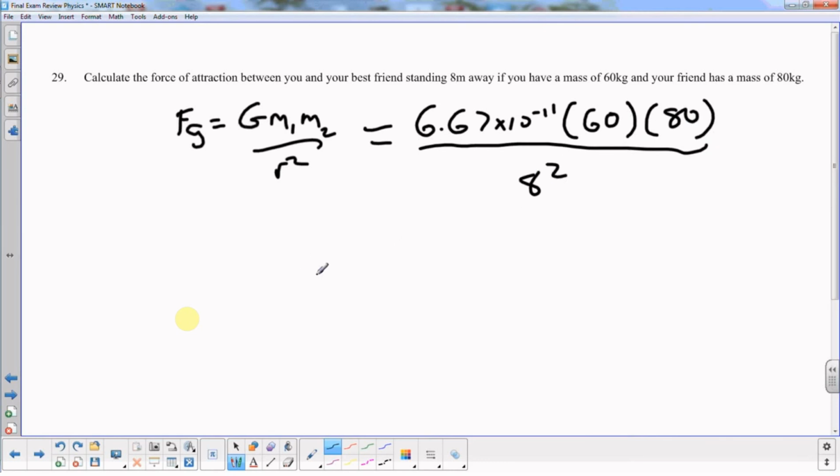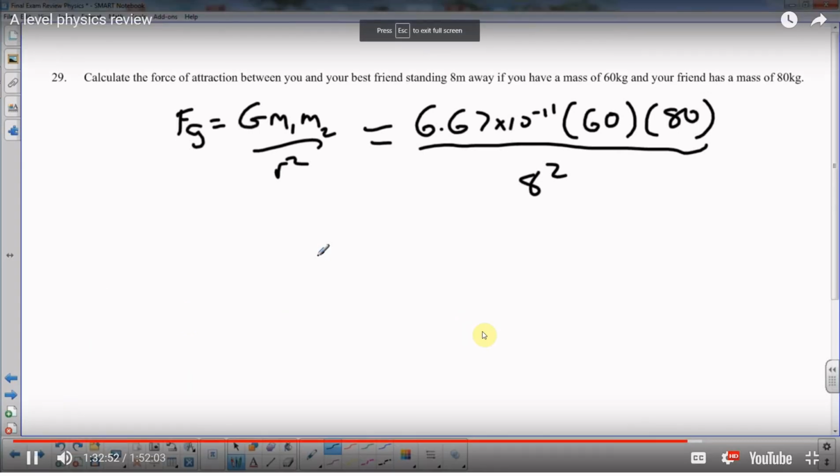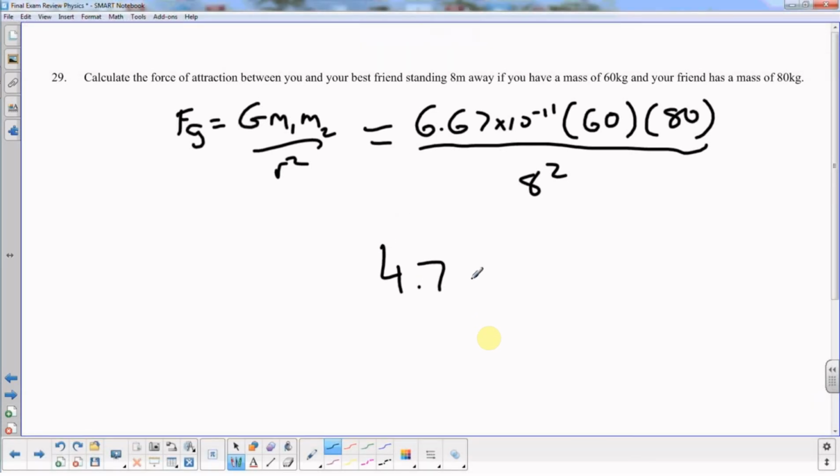So this should be a very small number. 6.67 times 10 to the negative 11 times 60 times 80, divided by 64, 4.7 times 10 to the negative 9 newtons.